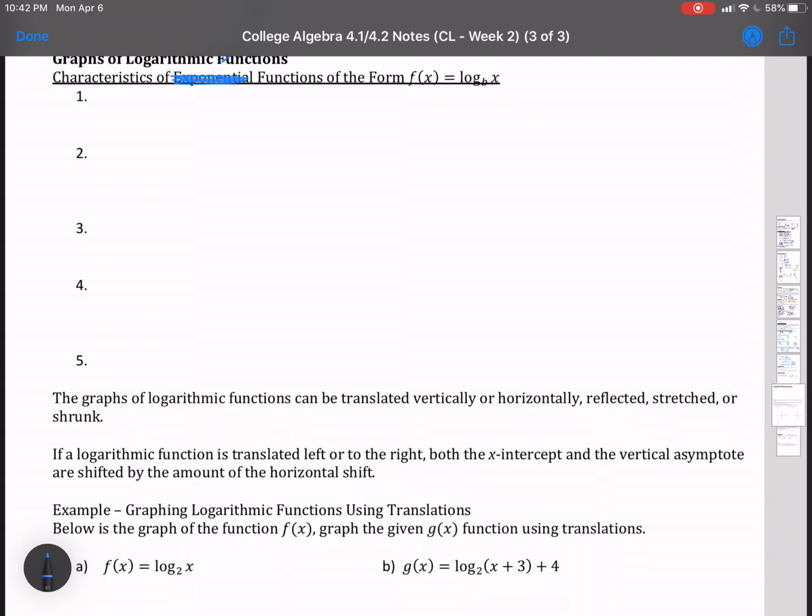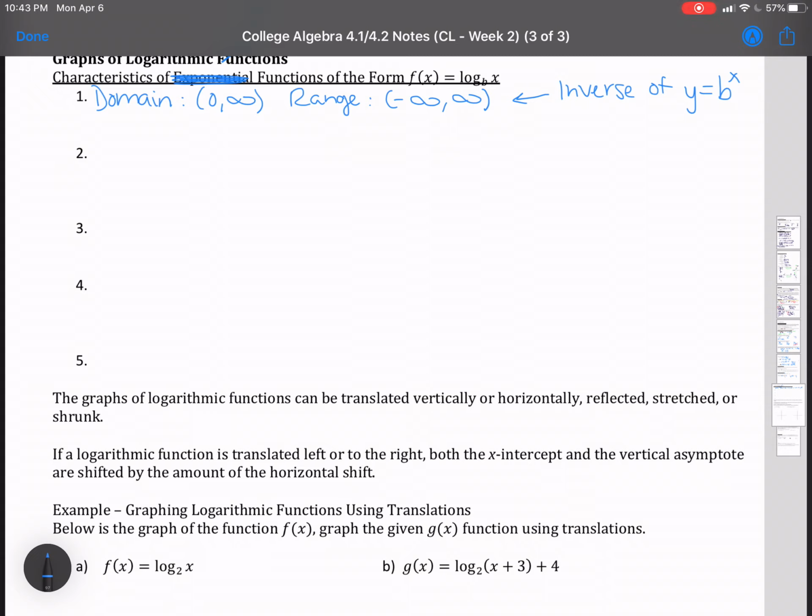The first one is that our domain is from 0 to infinity, and our range is from negative infinity to positive infinity. Notice those are the inverse of our y equals b to the x power, what we looked at last time.